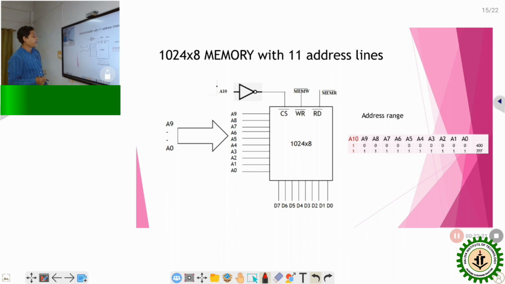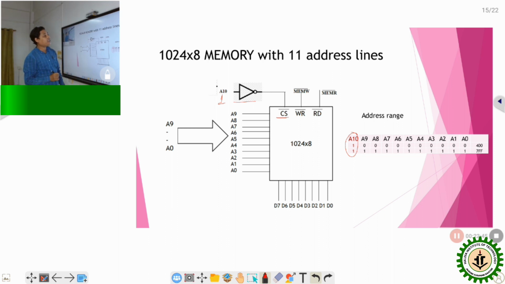And we can also connect one NOT gate in front of the A10 line, and in that case the A10 line must be equal to 1 to enable the memory chip, because we know chip select is active low type.